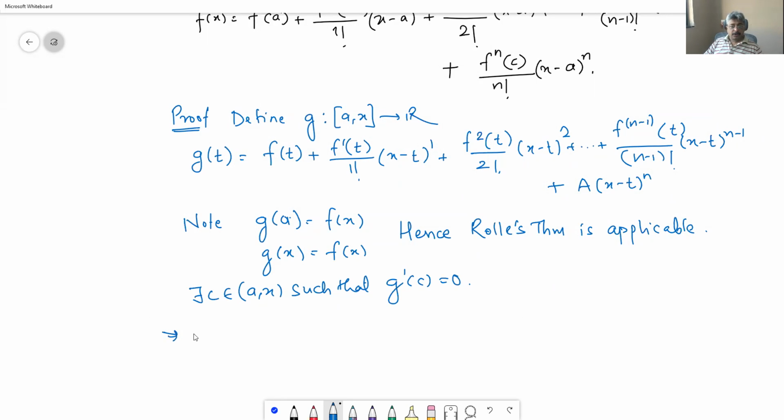Therefore, g dash of t is equal to, first differentiate this and then put C. So if we differentiate g dash of t, that is the only critical thing.